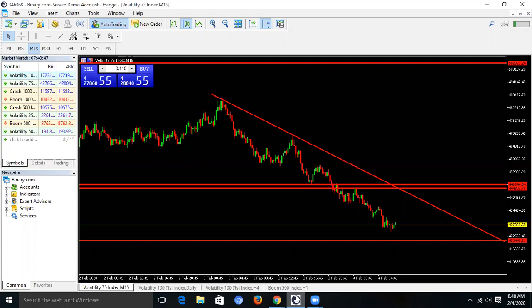So the average true range helps you to know when to get out of the market based on the candlestick formations. I don't use it, but most people use it. It's good to use. It's not an indicator, so to say. It just helps you to know when to. Charisma, that is it.